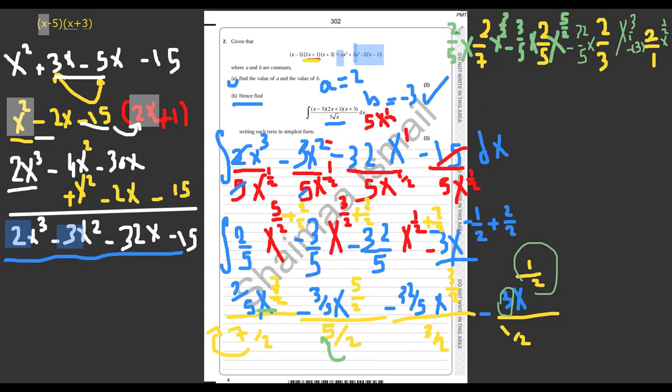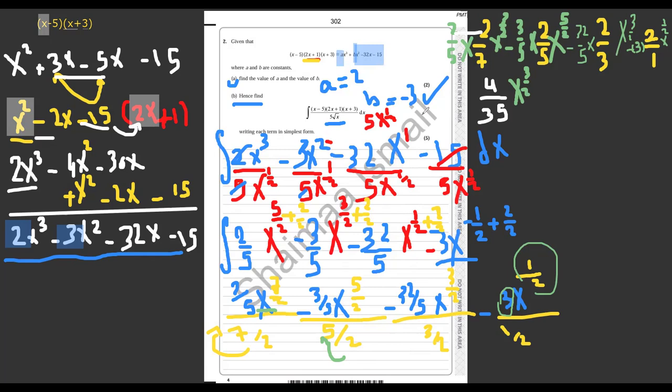So we say here 2 multiplied by 2, which is 4 over 35 x to the power of 3 over 2.